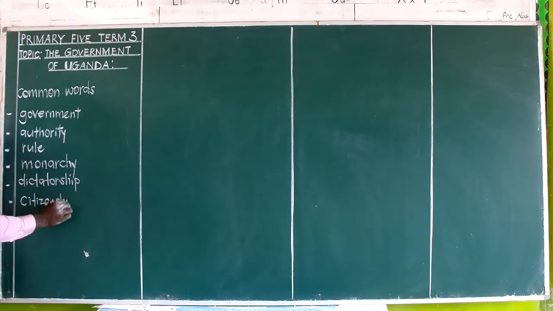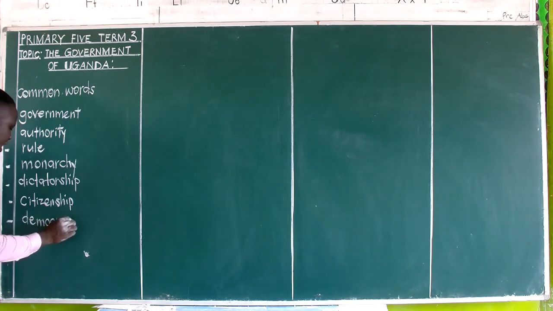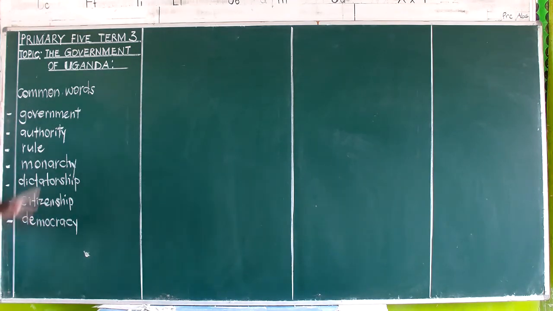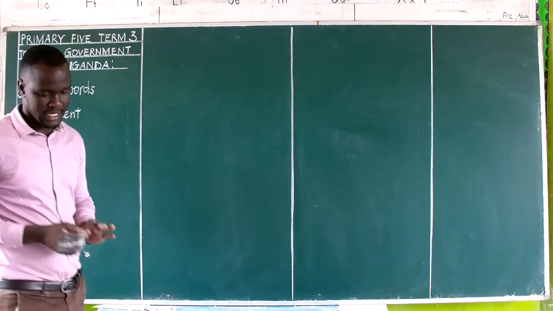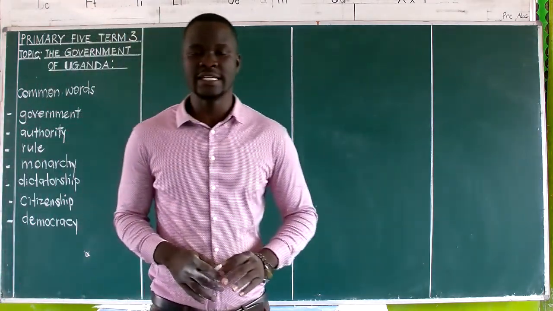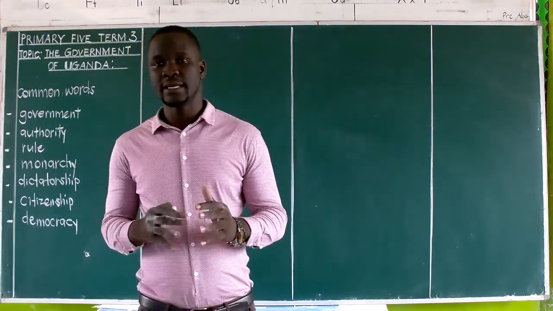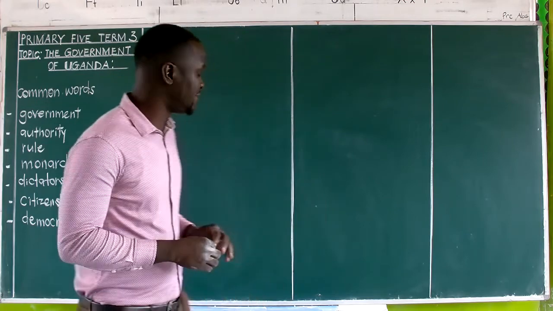Citizenship comes from the word citizen. And then we shall also have the word democracy, as well as democratic. All those words, we shall be meeting them here. Now, without wasting time, we are going to begin our lesson by defining.